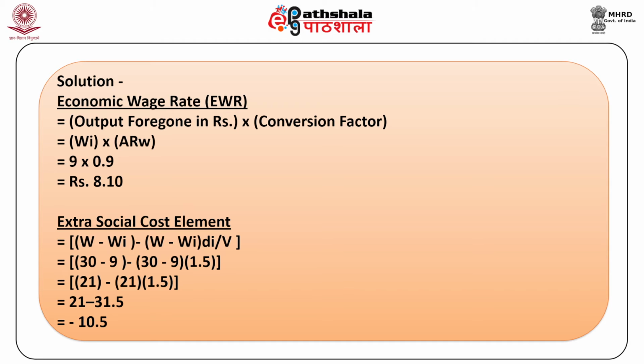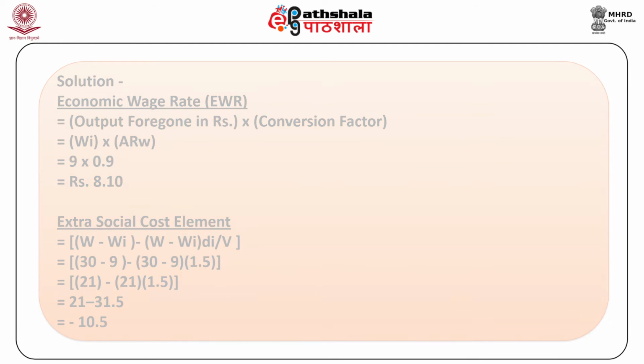B. Extra social cost element, which is given as W minus WI minus W minus WI into DI divided by V, which is again equal to 30 minus 9 minus 30 minus 9 into 1.5, which gives us 21 minus 21 into 1.5, which is equal to 21 minus 31.5, which is again equal to minus 10.5.